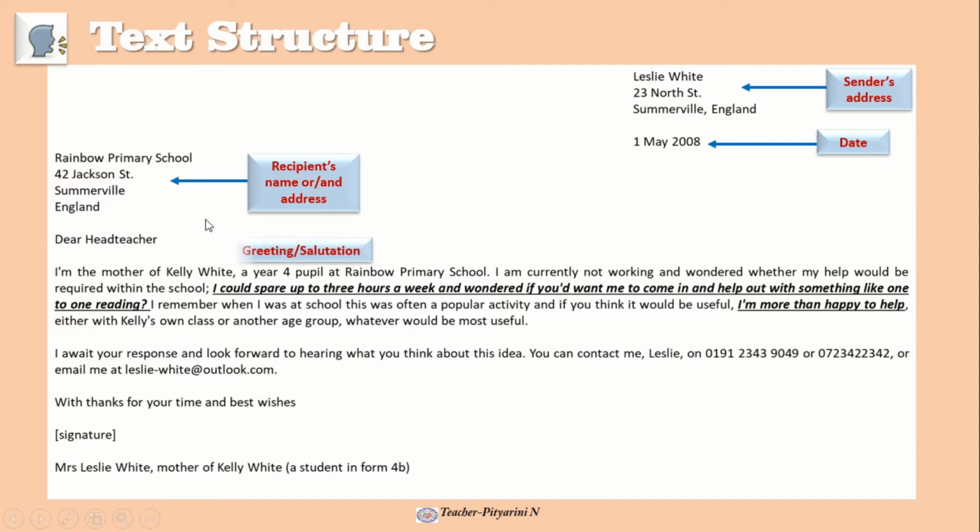The next one is salutation or greetings. Different with a note, in formal letter, you will write dear and then continue with Mr. or Mrs. or Miss, the title, and then last name or family name or surname, and then comma. Sorry, we don't have that here, yeah?